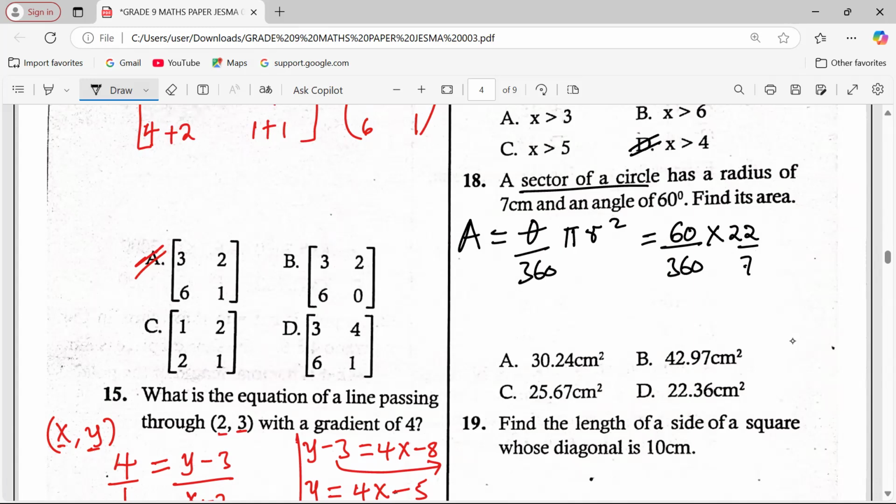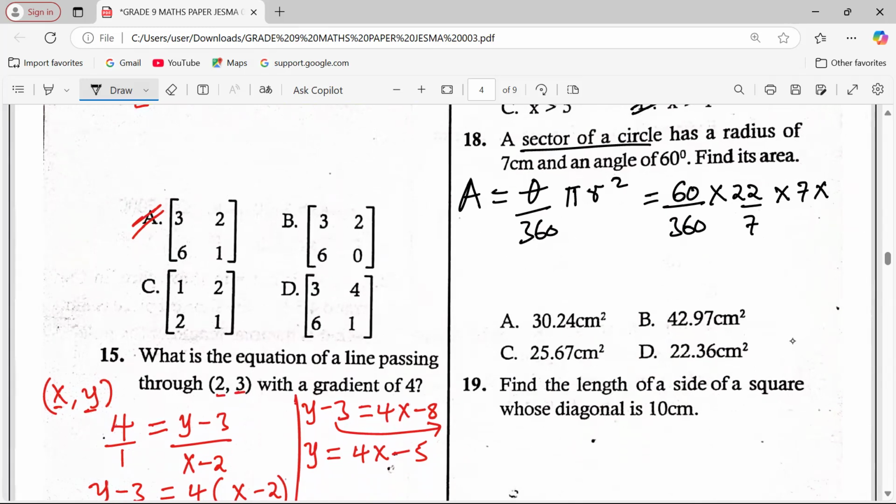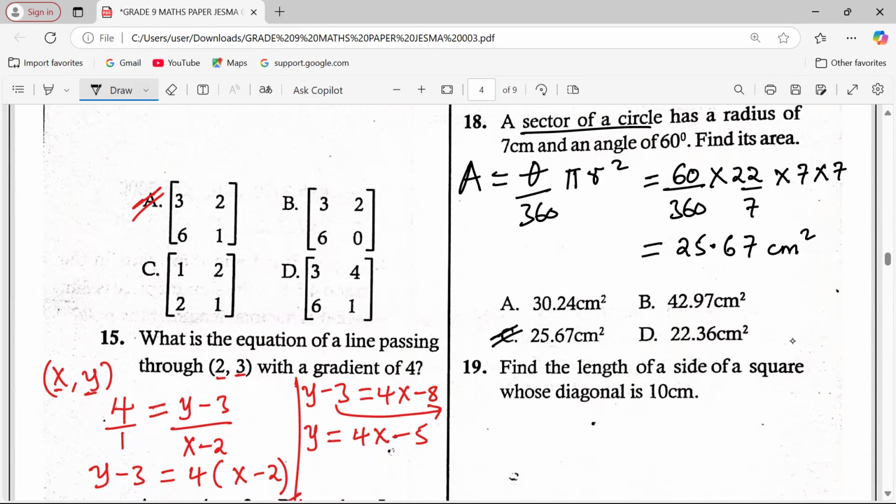We are not limited when it comes to the pi to be chosen. So we choose 22/7 multiplied by the radius, 7, then squared means times 7 again. So when we simplify all this in number 18, we shall get 25.67 square centimeters. Therefore, in number 18, the correct answer will be part C.